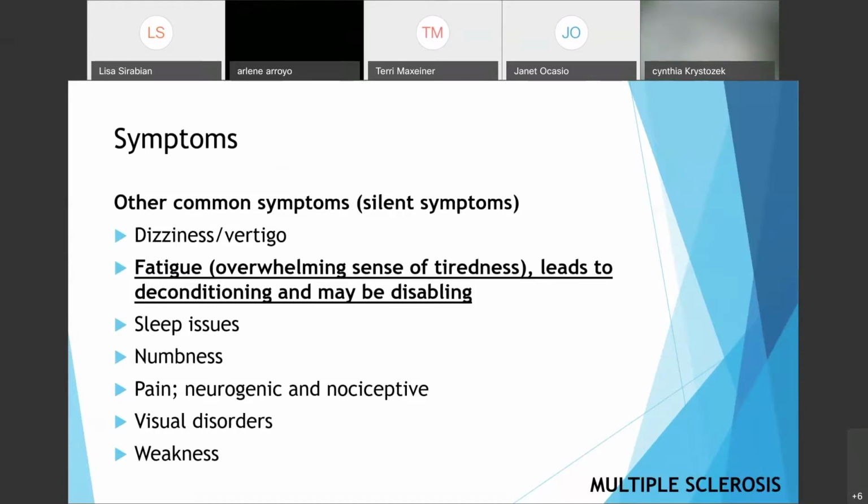So this can lead to deconditioning and it may actually be disabling for them. So fatigue is a very significant symptom that has to be managed. Sleep issues, numbness, pain, which can be either neurogenic pain or nociceptive pain, visual disorders, and weakness.